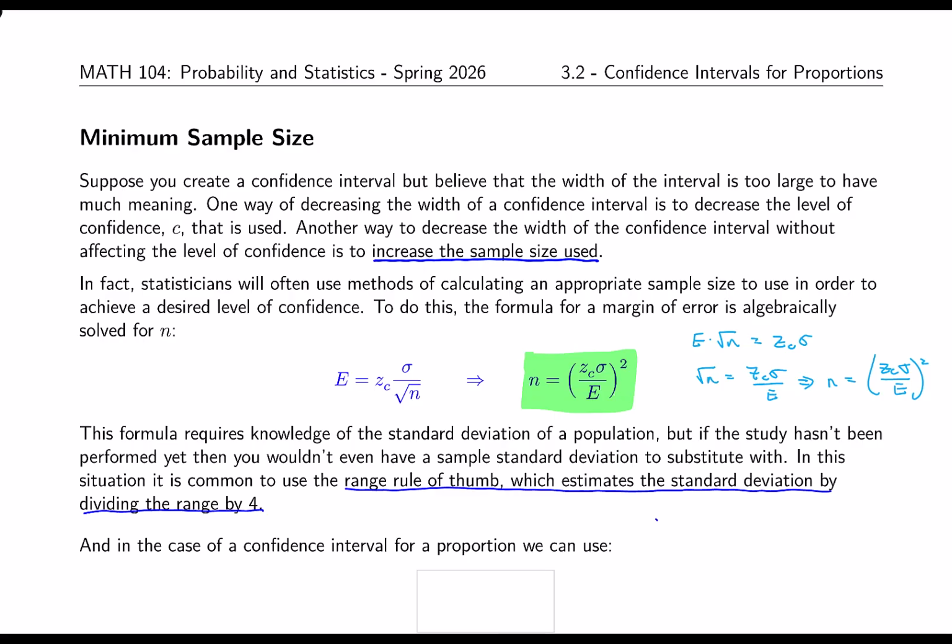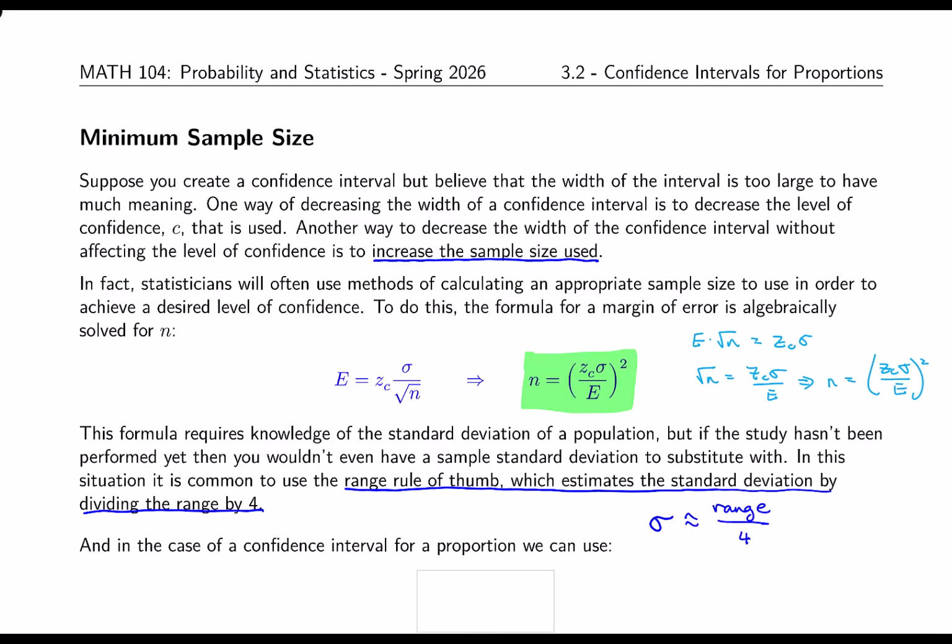So the standard deviation is approximated by the range of a data set divided by 4. And the reason that this works is the range is considered the extents of your distribution. So you shouldn't have any values below a certain minimum or above a certain maximum. So that gives you the range, or the extent of all your data values.